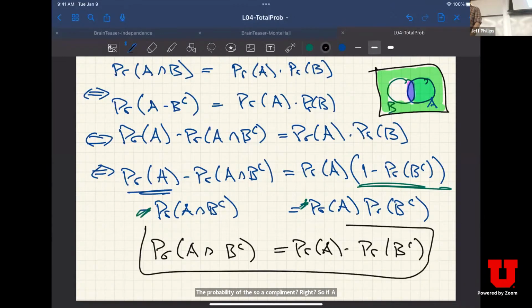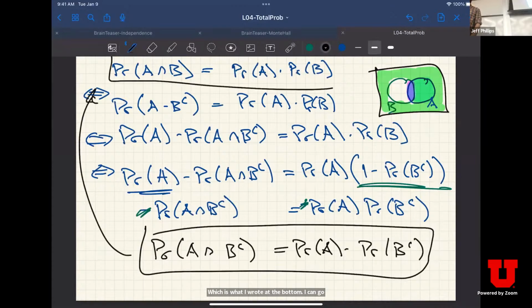I can go back up and I can get that A and B are independent of each other, right? So I recover the definition for B complement versus B. Okay, so these are equivalent statements. So I can use the independence from the complement or from the event itself. All right.